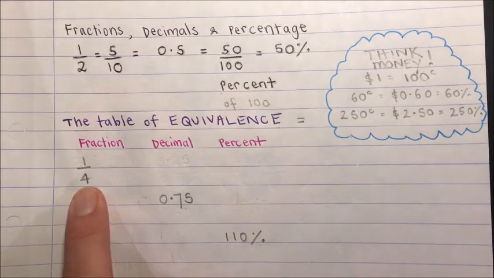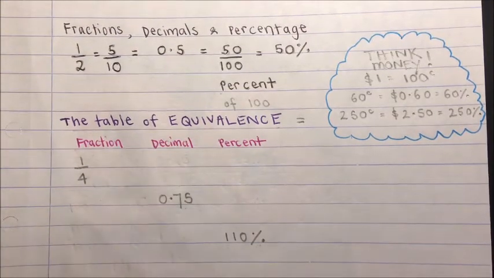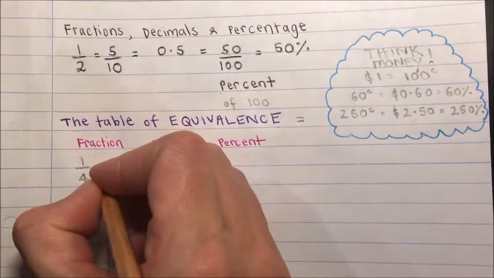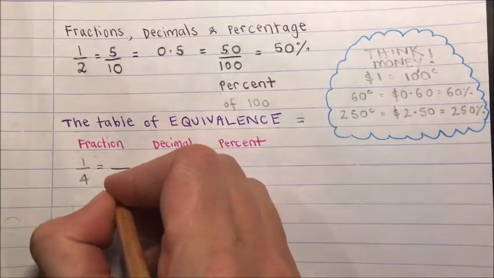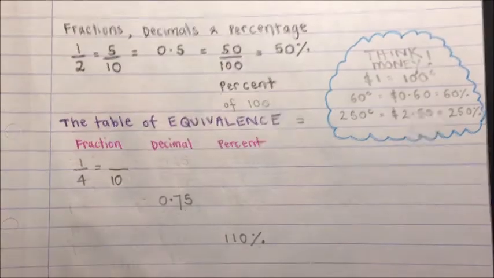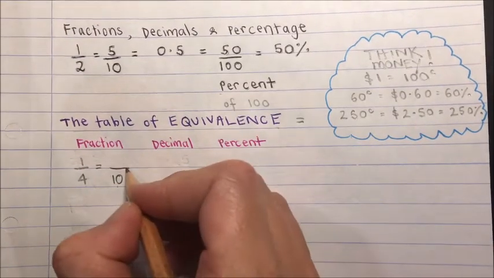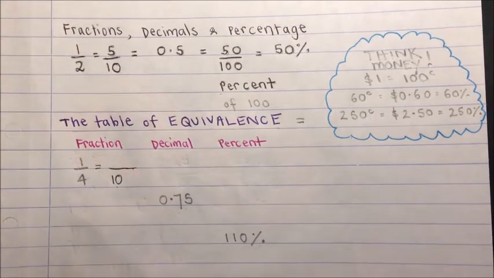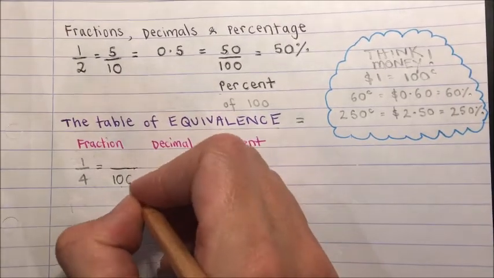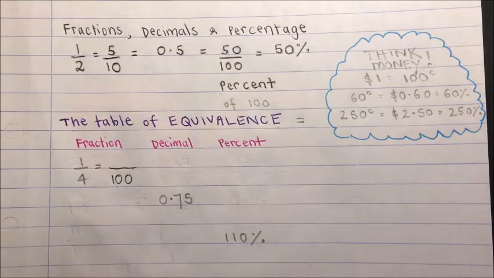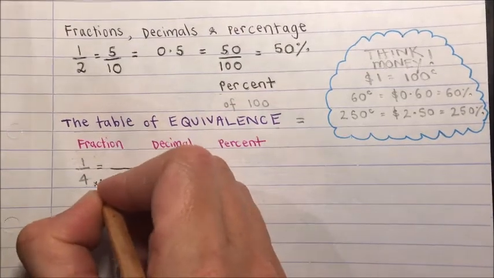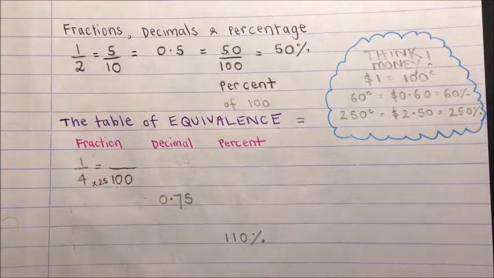So let's have a look at what happens with the fraction 1/4. When we're talking about turning fractions into decimals, we looked at trying to make the denominator work. I can't represent 4 in terms of 10, but I can in terms of 100, because I know that 4 times 25 is 100.